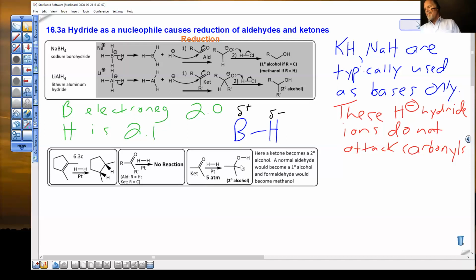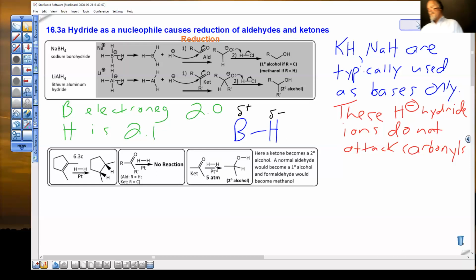So up here, we have a reaction that's a little cheaper if you're doing small scale. Down here, this is the way you would do it on a large scale, because even though platinum is a very expensive catalyst, you only have to buy it once because catalysts can be recycled and reused, and hydrogen is very cheap.